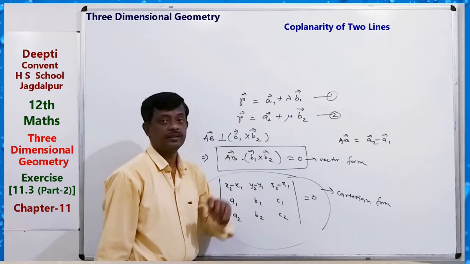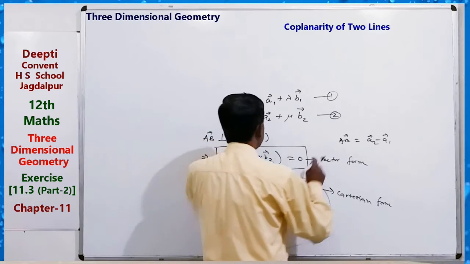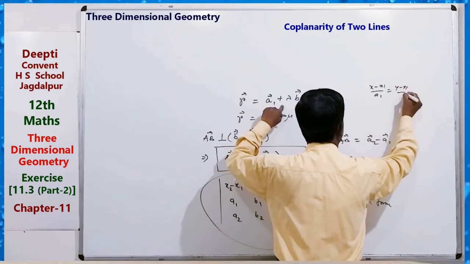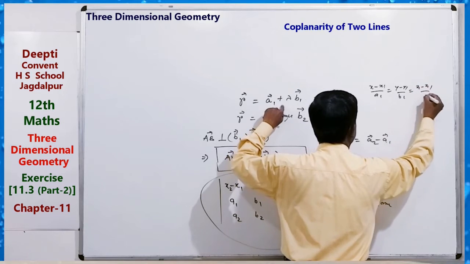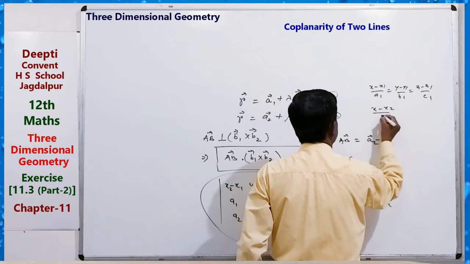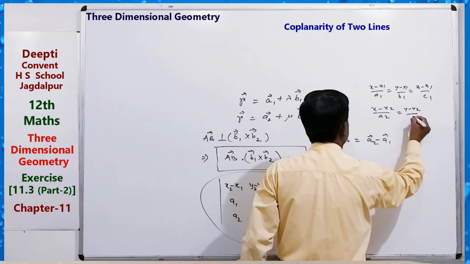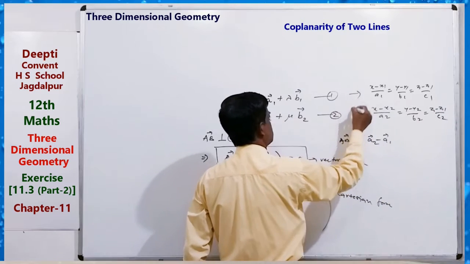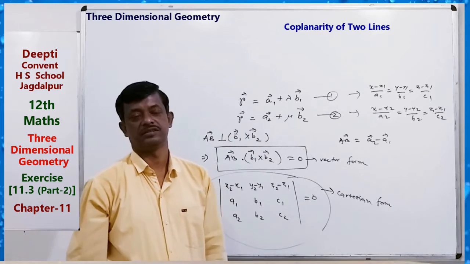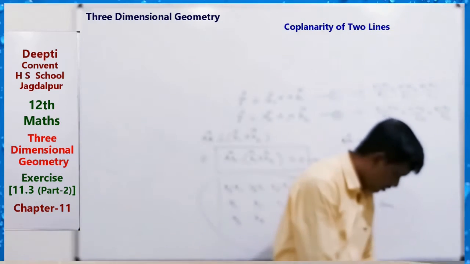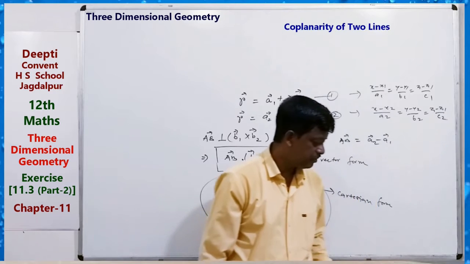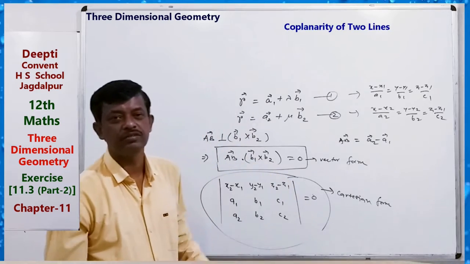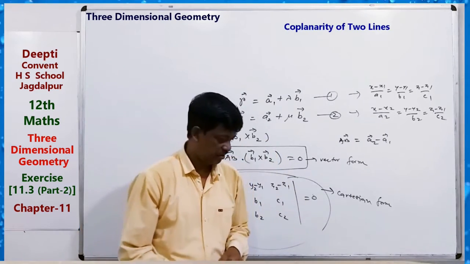The Cartesian form of the lines is (x minus x1) upon a1 equals (y minus y1) upon b1 equals (z minus z1) upon c1, and similarly (x minus x2) upon a2 equals (y minus y2) upon b2 equals (z minus z2) upon c2. If this condition is satisfied, then we can say that the two lines are coplanar.